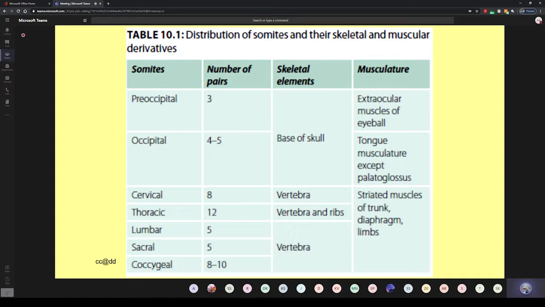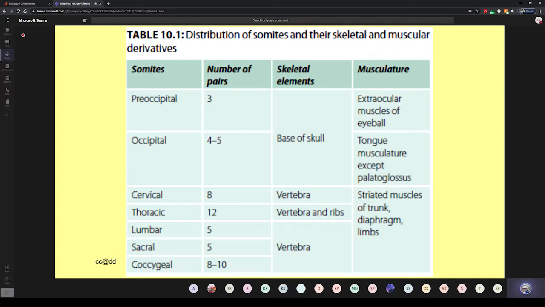Basically, this table very nicely shows you that each area has some number of somites, and those somites are responsible for the formation of the musculoskeletal structures and their derivatives.